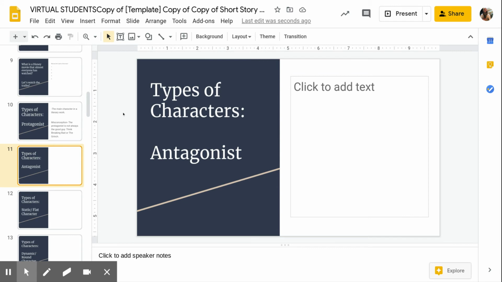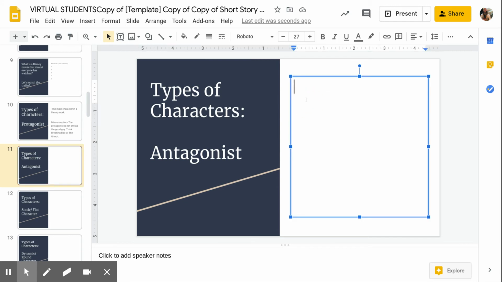Okay, antagonist. So the antagonist is a character or force in conflict with the protagonist. So basically, it's always going to be protagonist versus antagonist.